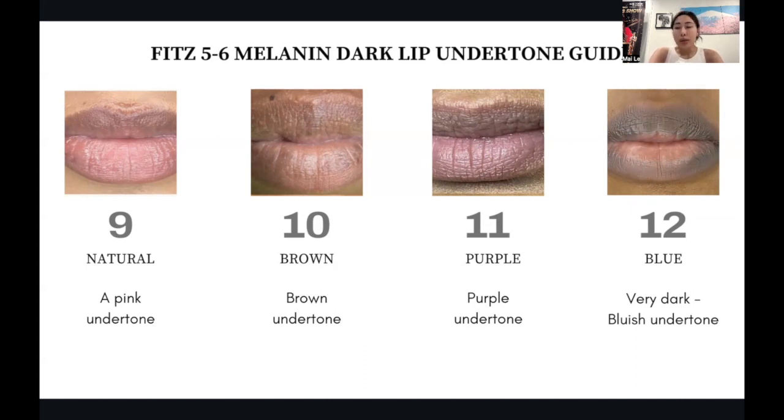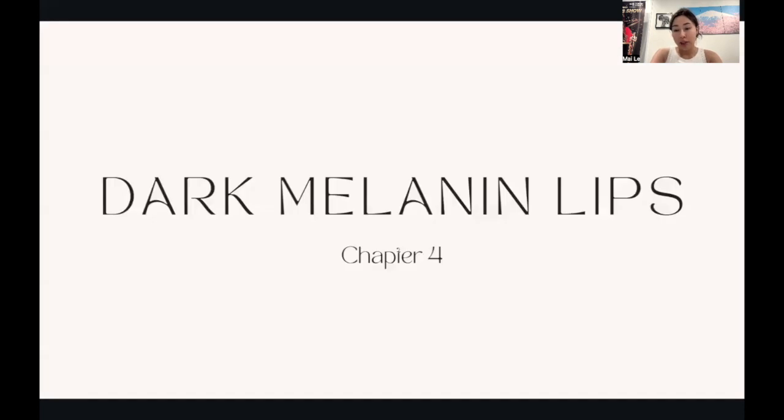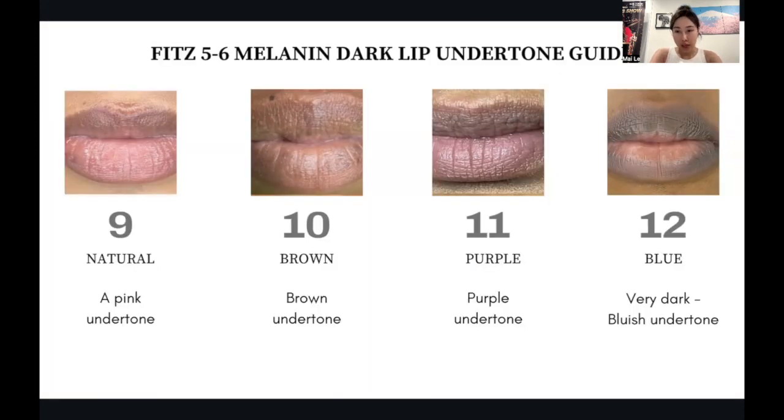So knowing whether their undertone is leaning towards purple, blue, or brown is really important, because we're going to use that to choose the right color to neutralize it to a natural pink shade.